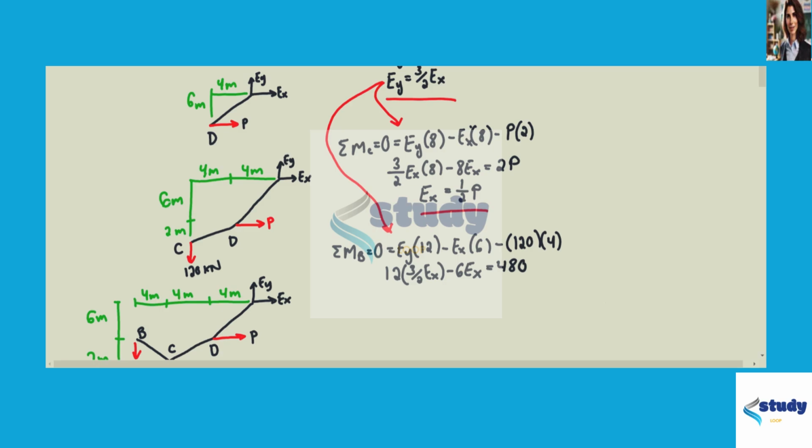All right, and now we can plug in this EX into this equation. So this will simplify down to 18 times 1/2 P minus 6 times 1/2 P equals 480. So now we can solve for P. P equals 80 kilonewtons, which is one of the solutions to this problem.